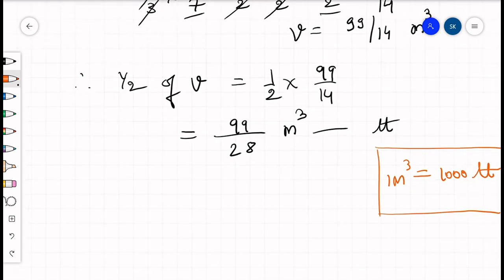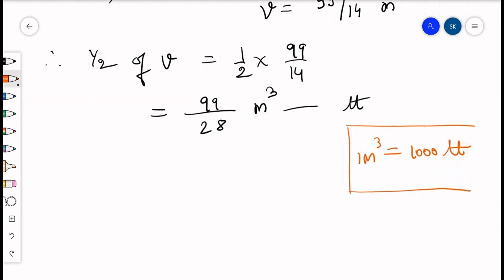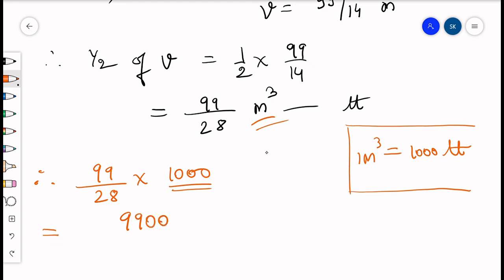Okay, so you should be aware of this for the conversion. So let's do the conversion. Therefore 99 by 28 multiplied by 1000, to convert this meter cube to liter. So you will get 99000 divided by 28 liter.